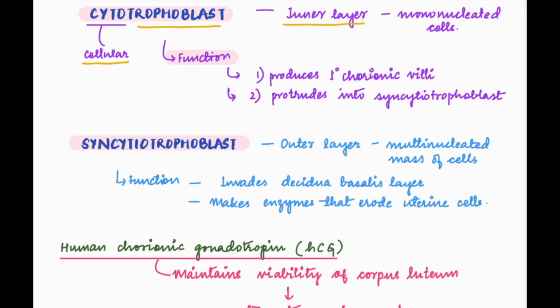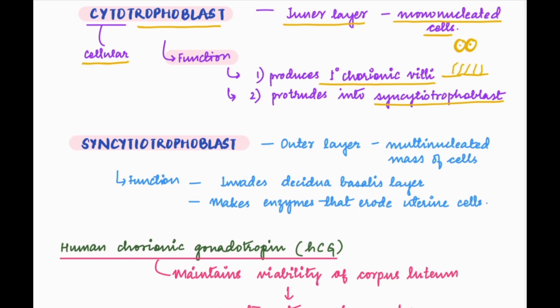It is the inner layer of the trophoblast and it contains mononucleated cells, which means it has only a single nucleus. What are its functions? It produces the primary chorionic villi. Villi are finger-like projections, and they protrude into the syncytiotrophoblast.